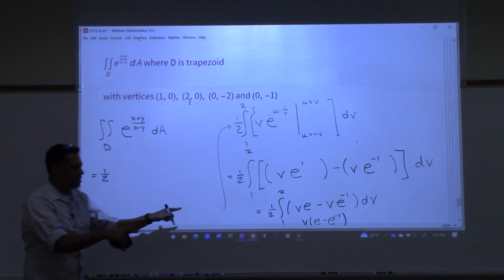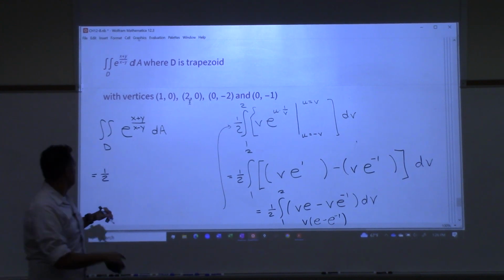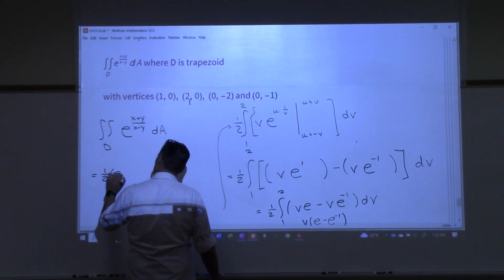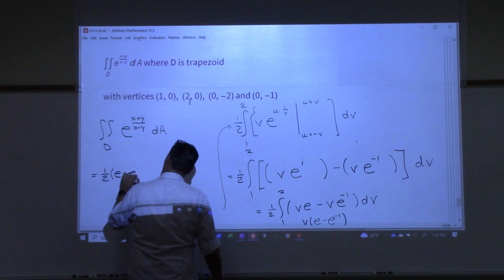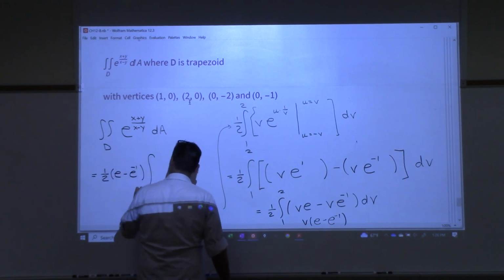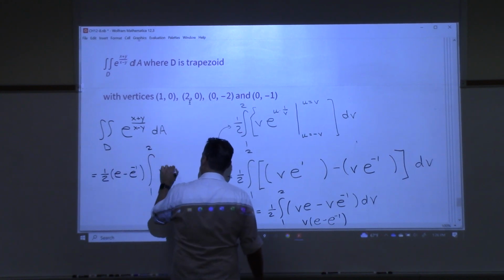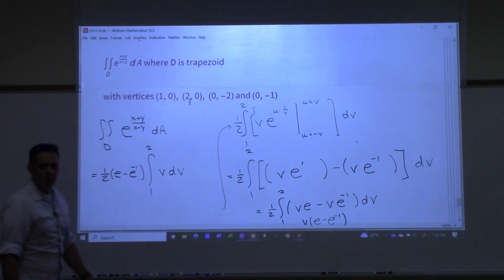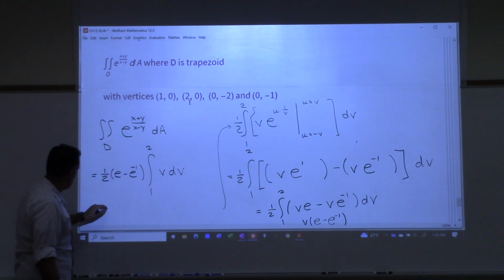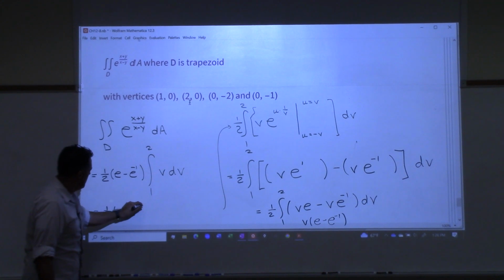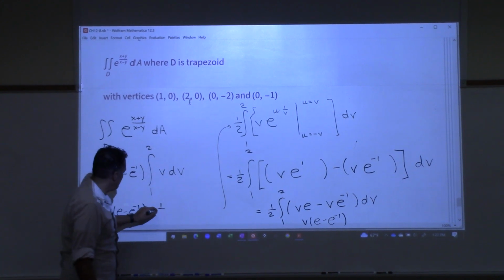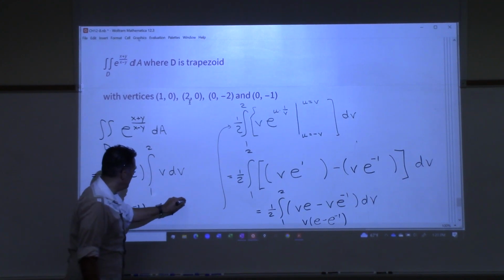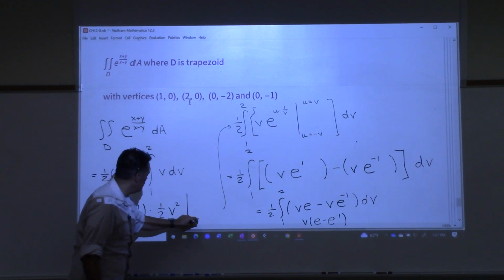And then that's a constant, and pull it out of the integral. So I'm going to have e minus e to the -1 outside of the integral, now integral 1 to 2 of just v dv, and that's super straightforward, right? 1/2 v squared. So I have 1/2 v squared, and I need to evaluate that from v equals 1 to 2.